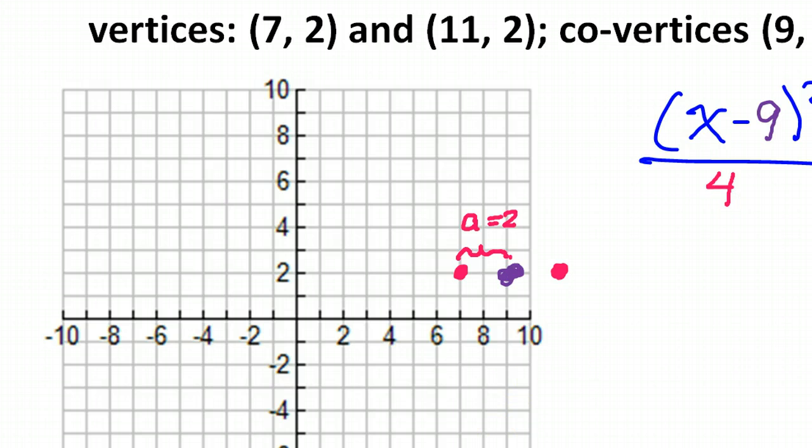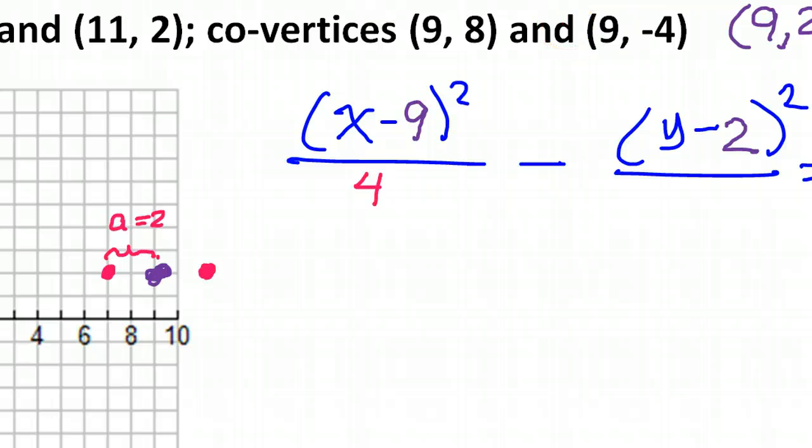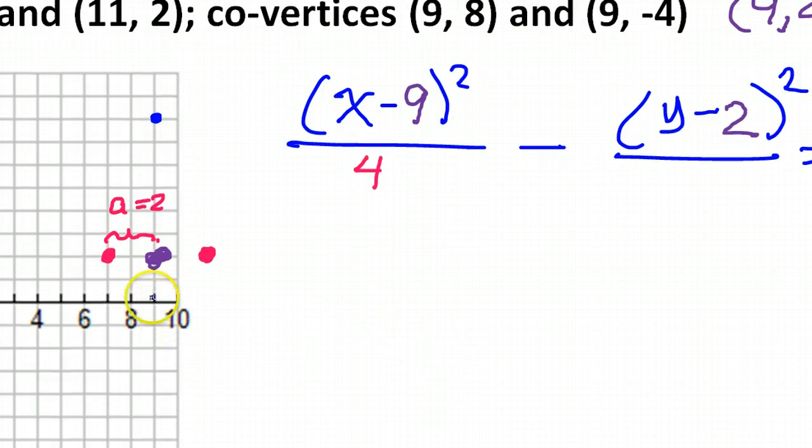Now, they also gave us the co-vertices, which will directly give us the b value. Here's 9, 8, so that's a co-vertex, and 9, -4. That tells us the b value, because the distance from the co-vertex to the center is the b value.